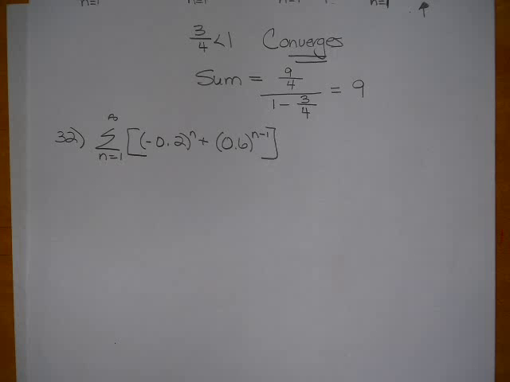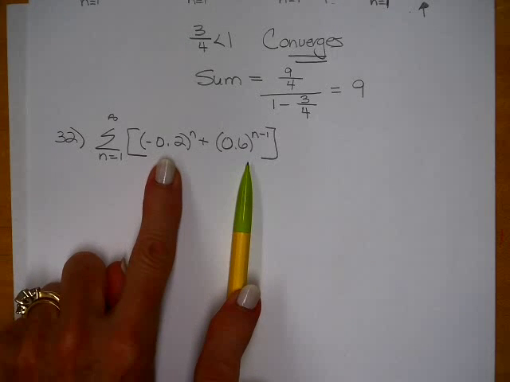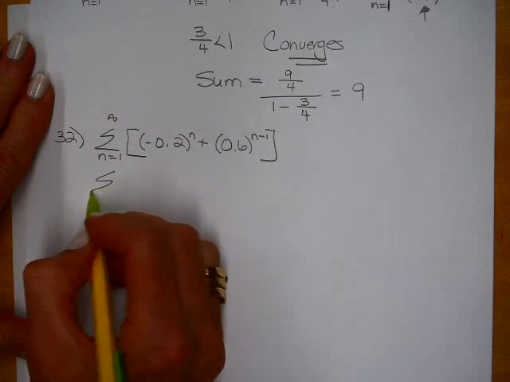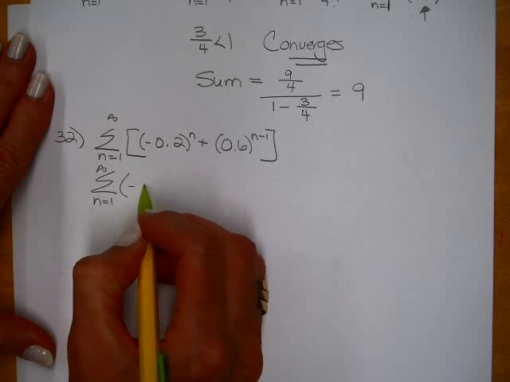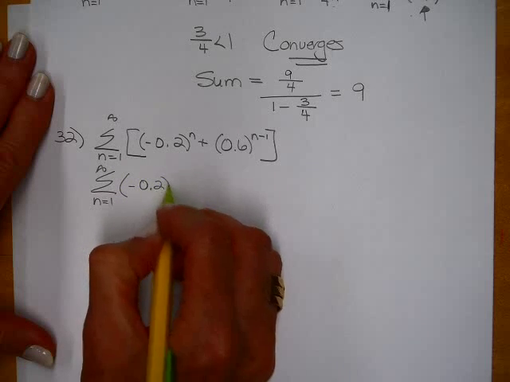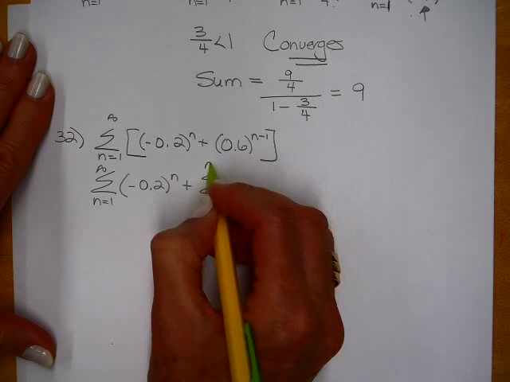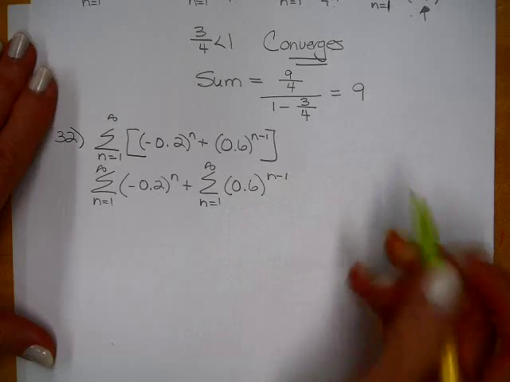All right, well, the rules for sequences and series, the properties, are on page 754. But there's a property that says if you are adding two things, taking the sum of this is the same thing as splitting it up: the sum from n equals 1 to infinity of (-0.2) to the n plus the series from n equals 1 to infinity of 0.6 to the n minus 1.